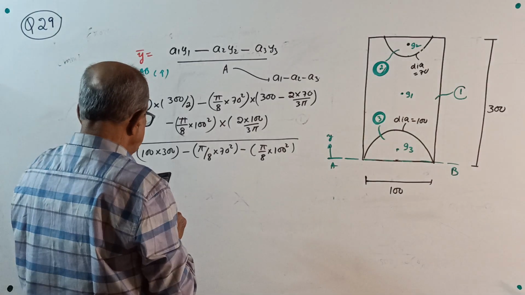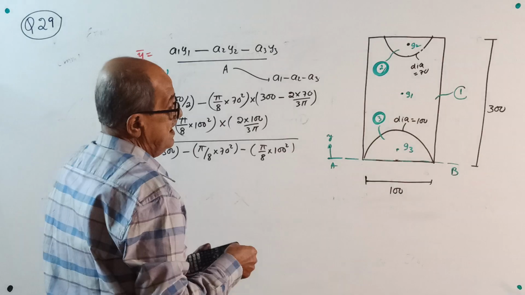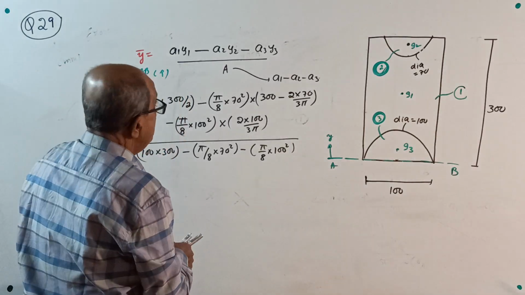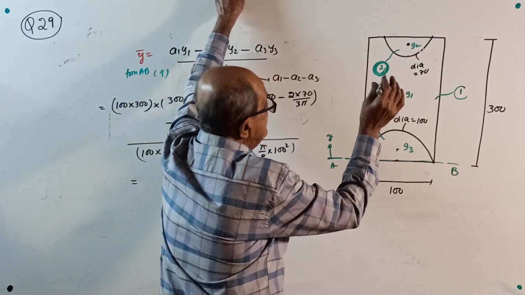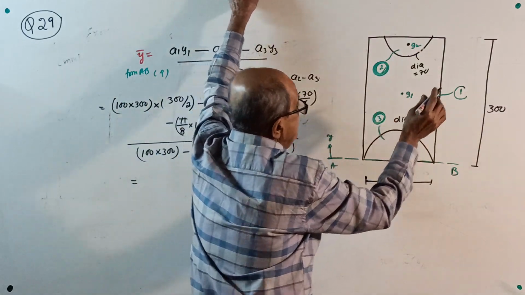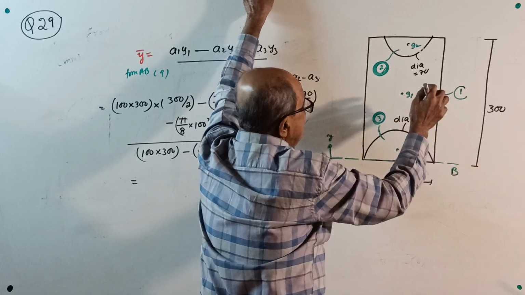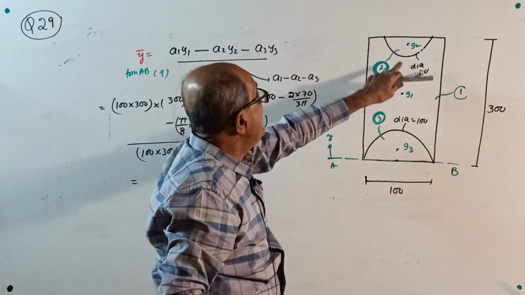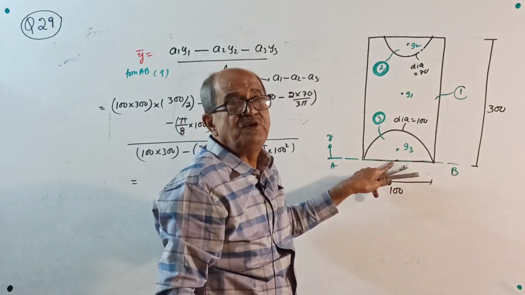Equal to 160.173 millimeter. Correct. If these cutouts are not there, the centroid will be exactly at 150, the center of the rectangle. That cutout is lesser, this cutout is more.